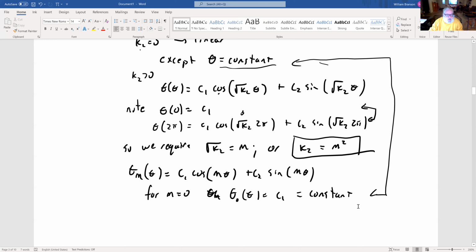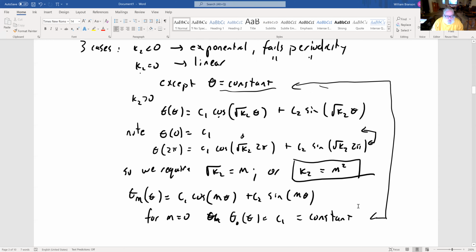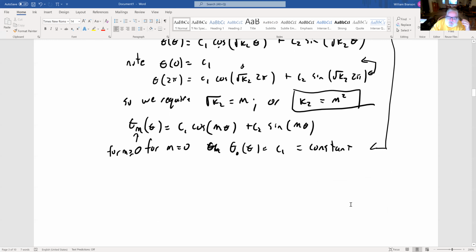So the solutions then to the equation for theta is this, and we allow m to start at 0. Okay, so then we'll look at the equation for R.